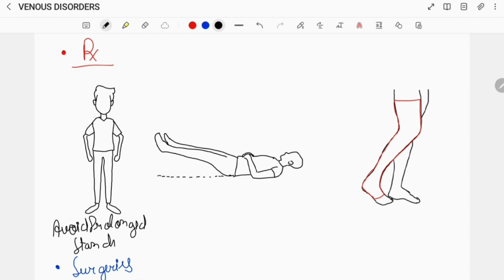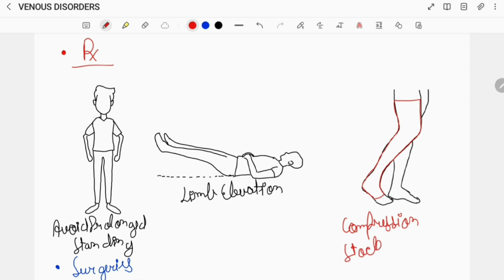We may also go for limb elevation, as you can see in the diagram, and we have some special compression stockings which can be used in varicose veins.